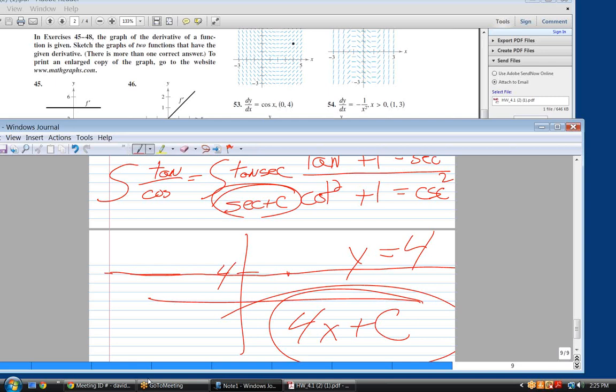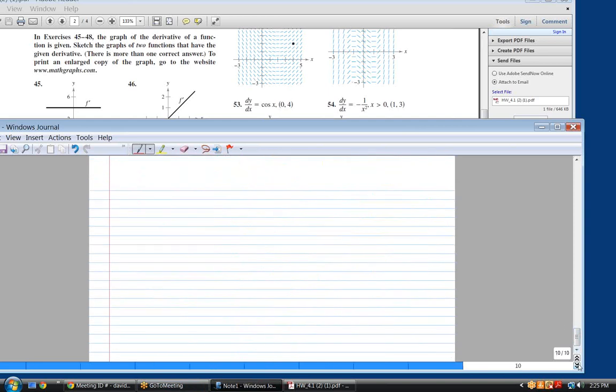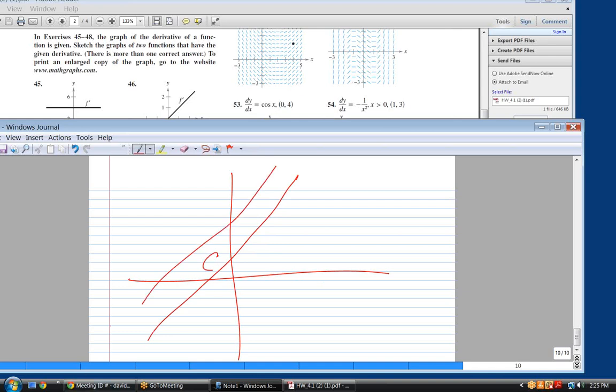So then you would just sketch that function with c being 2 different numbers? Yeah, exactly. In other words, 4x sketches as a line with a slope of 4, and it could go through that c here, it could go through this c here, basically all of that, and this is what they're talking about when they talk about slope fields.